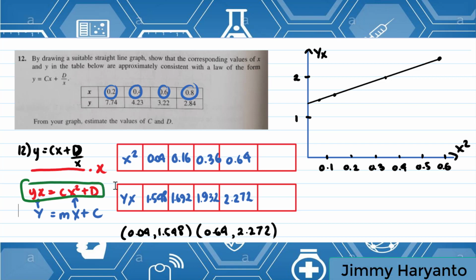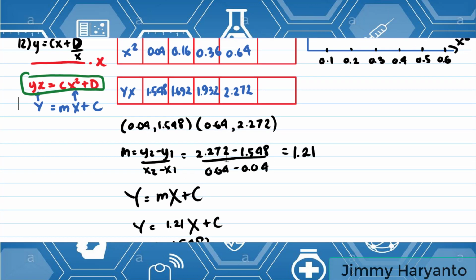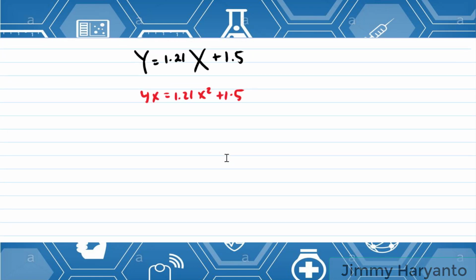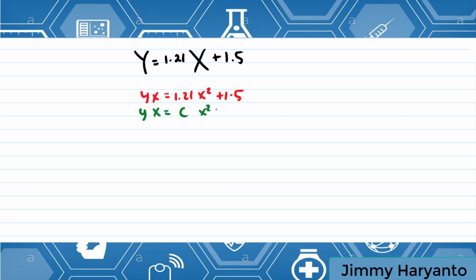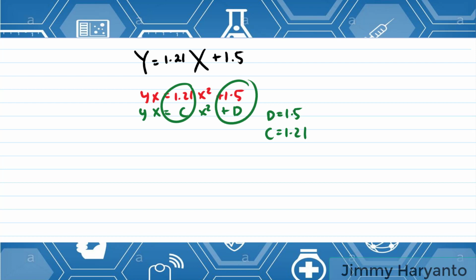I will write this at the bottom. yx equals cx squared plus d. So I will get d equals 1.5 and c is 1.21. The answer key is already matched.